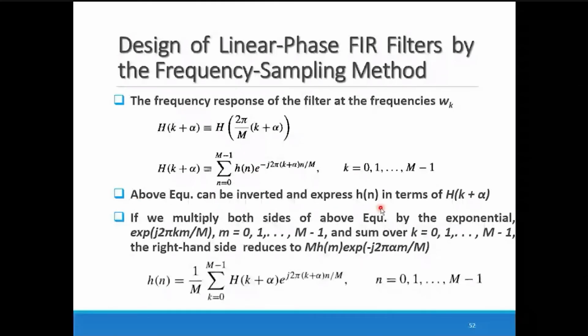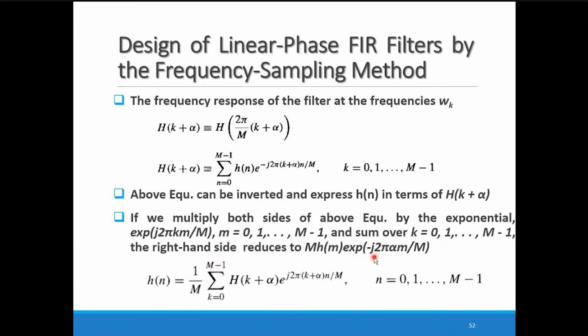So if we multiply both sides of the above equation by the exponential e raised to j 2 pi m by m, where m has values 0 to m minus 1, and sum over the range from 0 to m minus 1, the right hand side reduces to m times h of m and the exponential term minus j 2 pi alpha m by m.